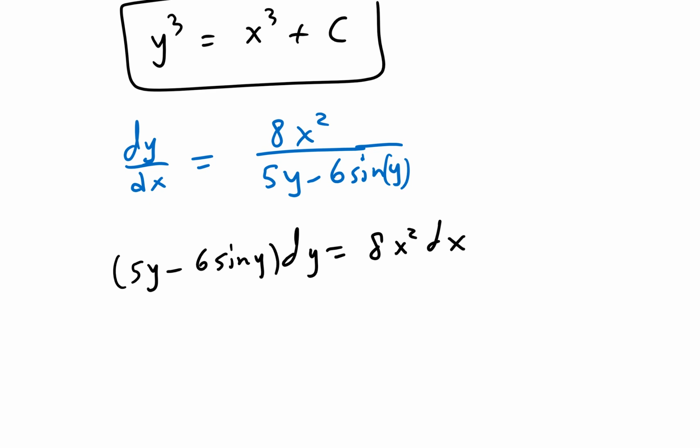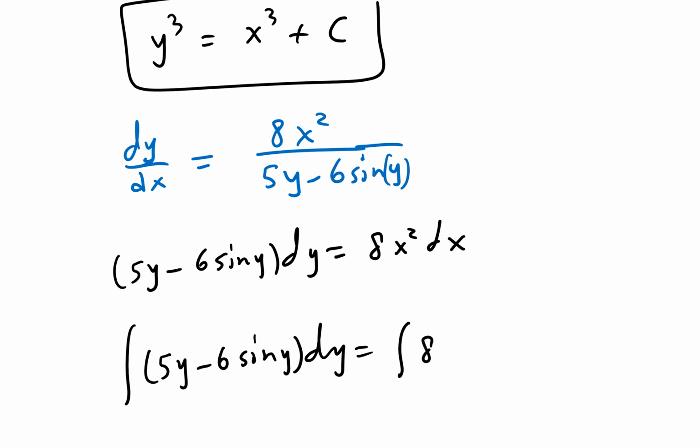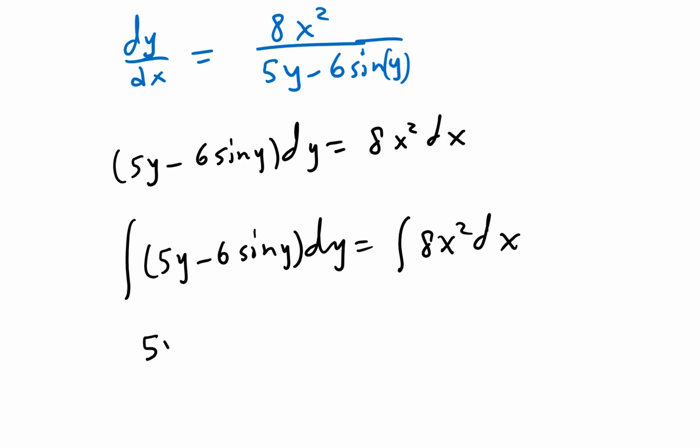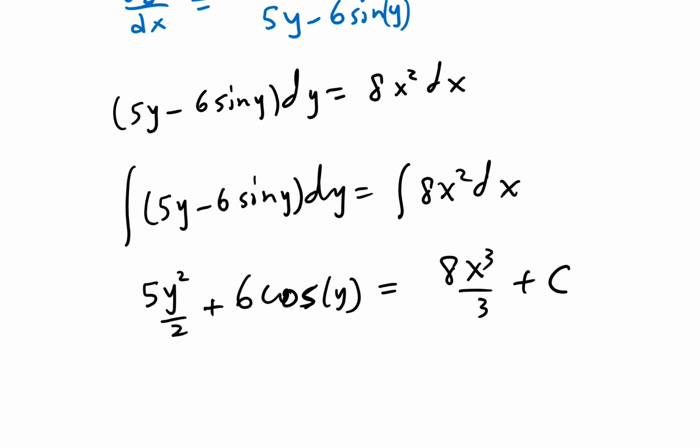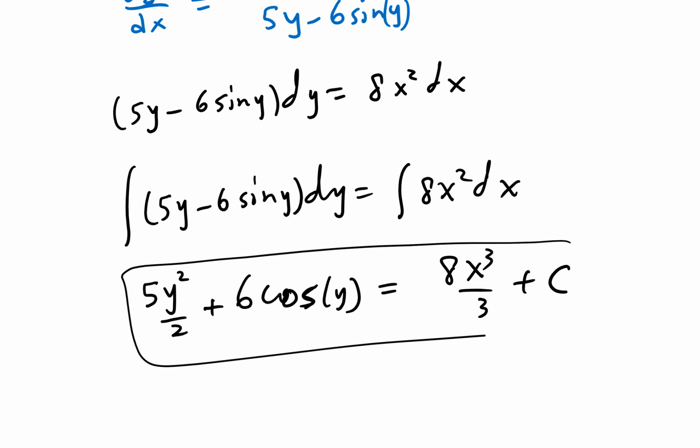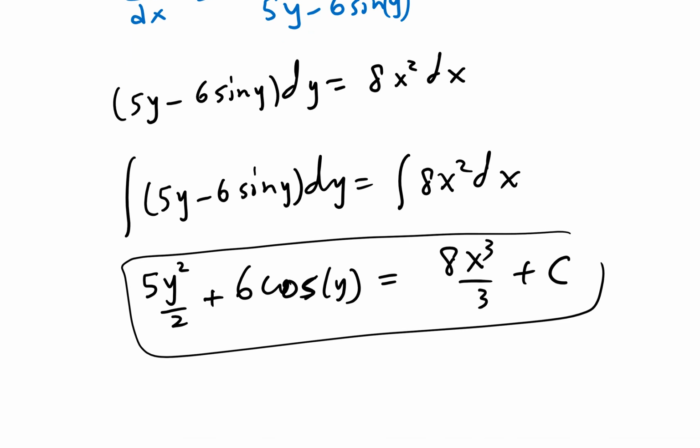And then we can integrate both sides. Then we have 5y squared over 2 minus 6 times the integral of sine, which is negative cosine, equals 8x cubed over 3 plus c. You can either multiply everything out or just leave it there.